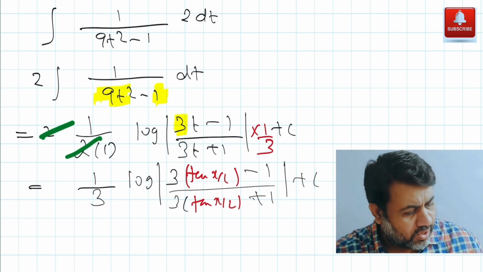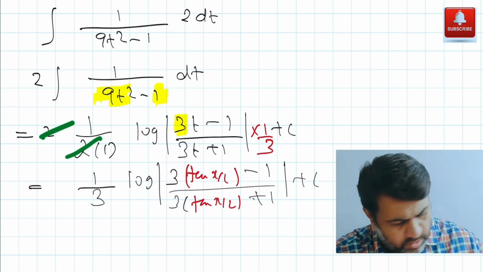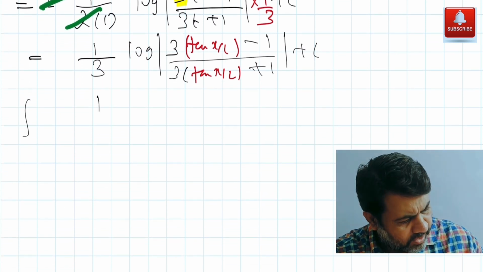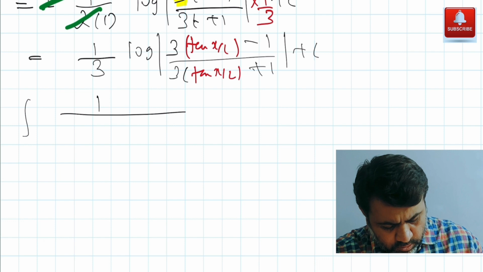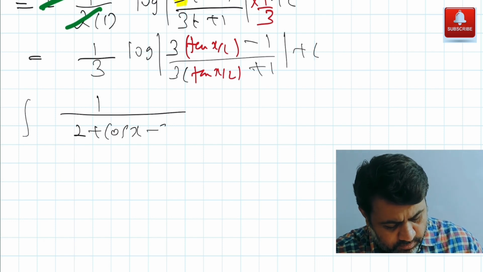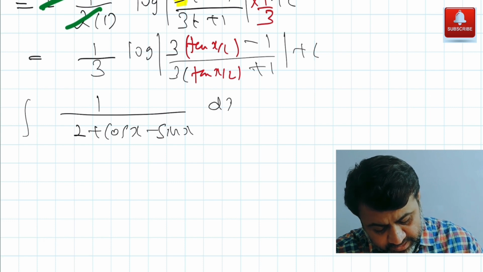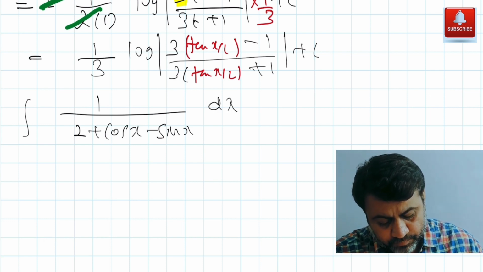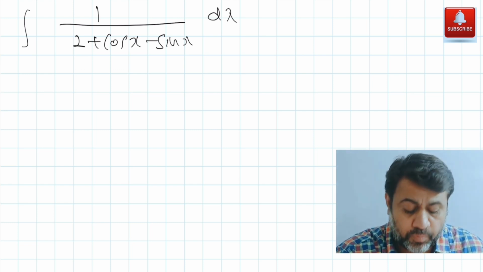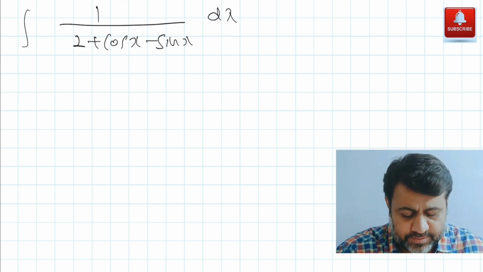Okay. So let's solve one more question on this type of thing. Our next question on this type of thing is 1 by, we have 2 plus cos x minus sin x. Let's solve this question. Integration of 1 by 2 plus cos x minus sin x.